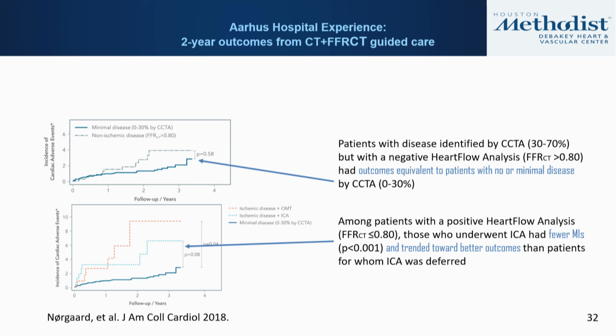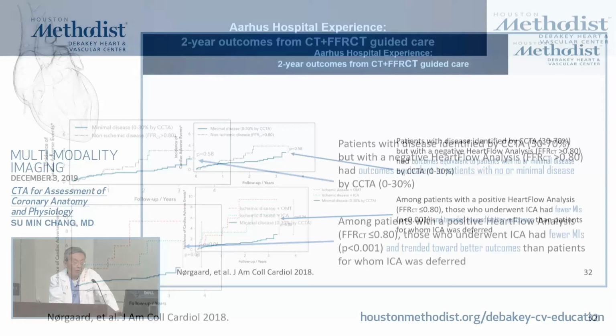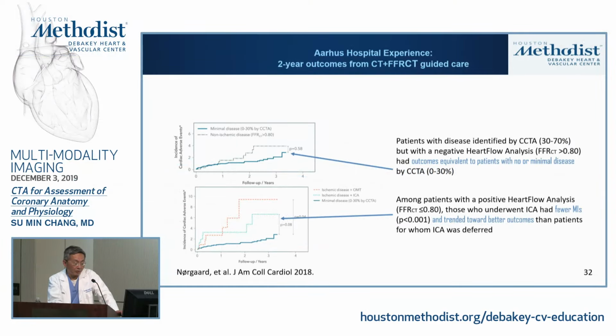If you have a CTA with less than 70% stenosis and a normal CT-FFR, more than 0.8, the outcome is very similar to the patient who has less than 30% stenosis on CTA. So what it means is that you could have somewhat more severe stenosis, no more than 70%, and if you have a physiologically normal CT-FFR, the outcome is similar to those who have a lesser degree of stenosis, okay?